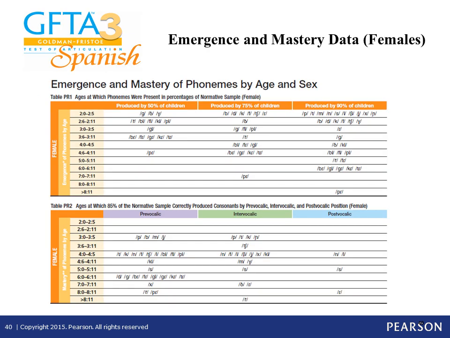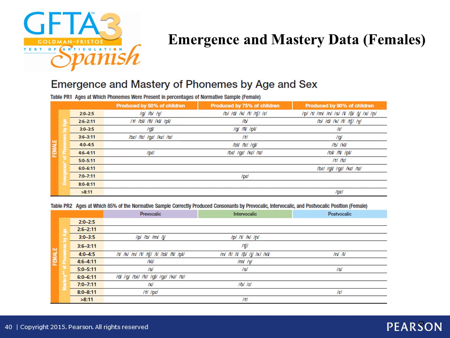Here is the emergence and mastery data for females, which is located on the back of the protocolo. The table on the top is the emergence of phonemes in females, and the bottom is the mastery data. Low standard scores indicate that a child's speech is not comparable to same-age gender peers.